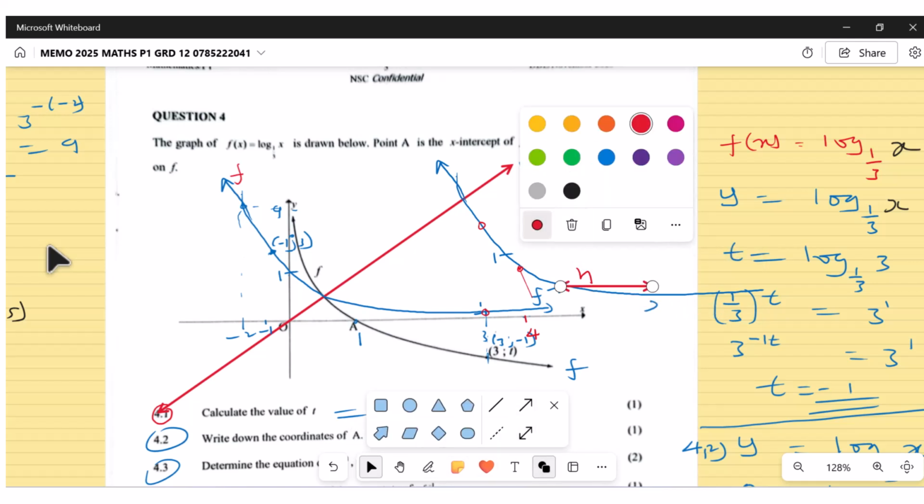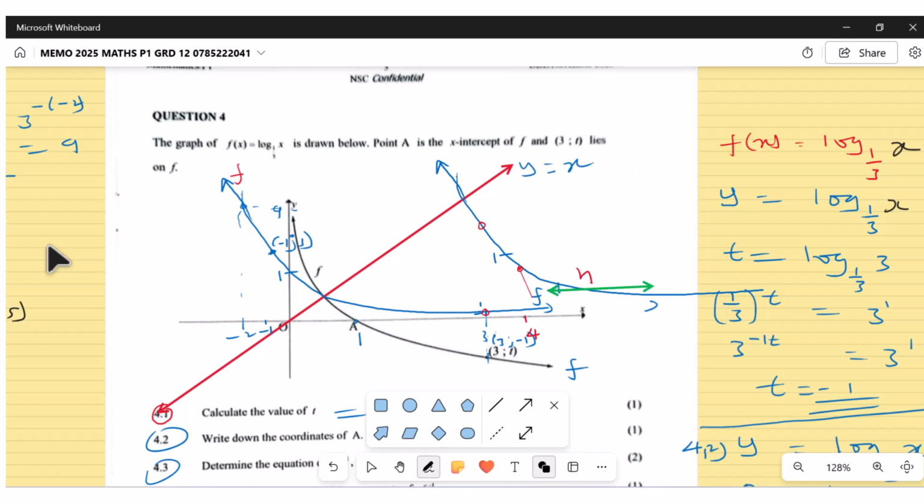So I'm going to find out when x equals 4, what happens here. When I put x equals 4, what's my y here in my h? So if I put x equals 4 here, it is 3 power negative of 4 minus 5, which is 3 power negative of negative 1, which gives me positive 3.